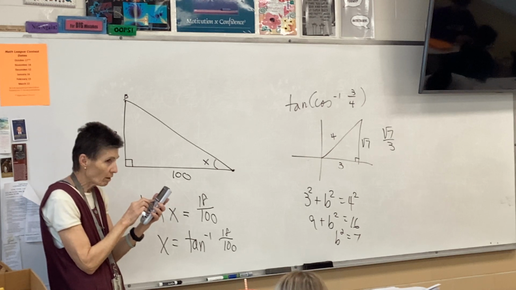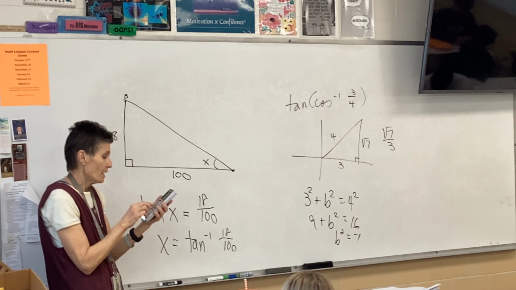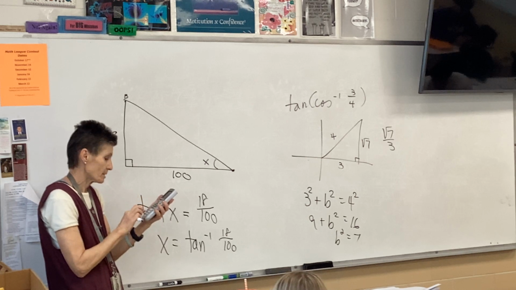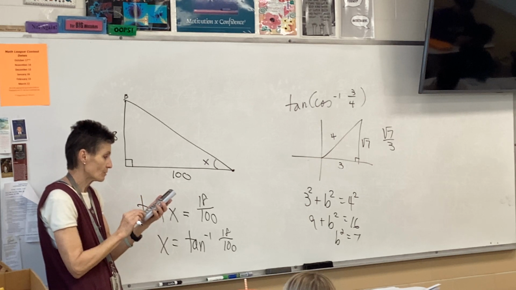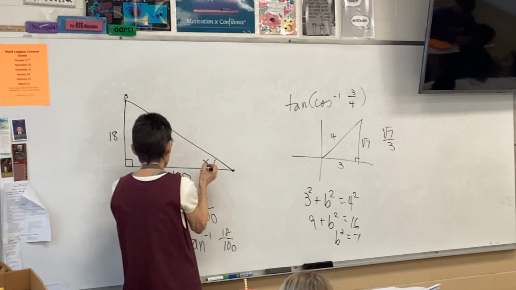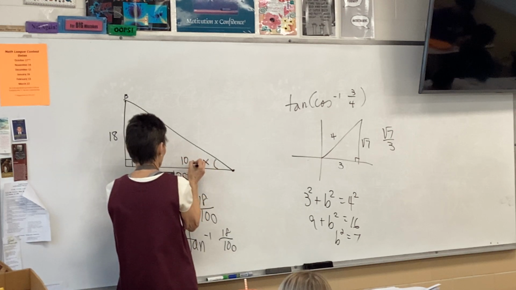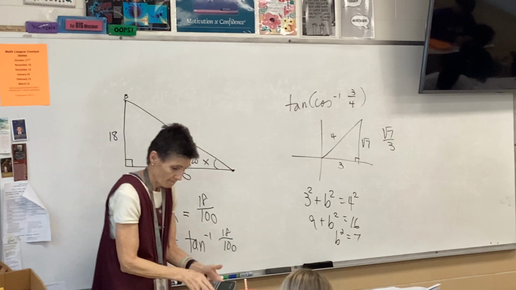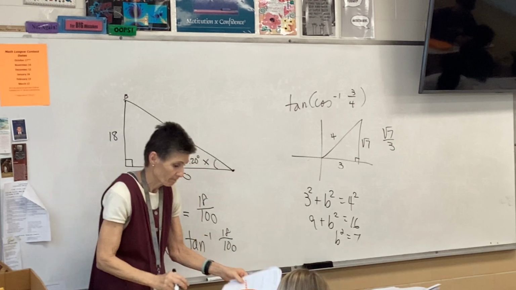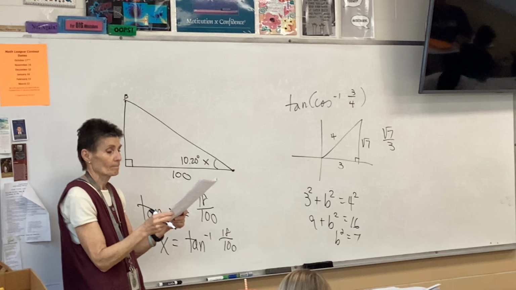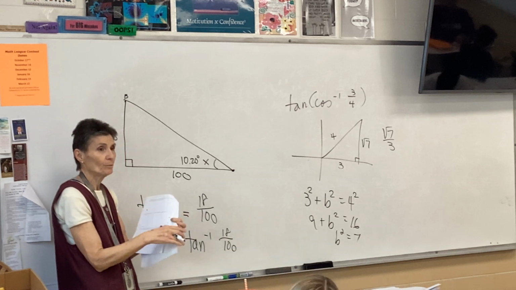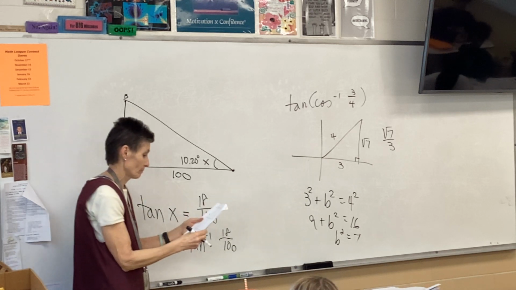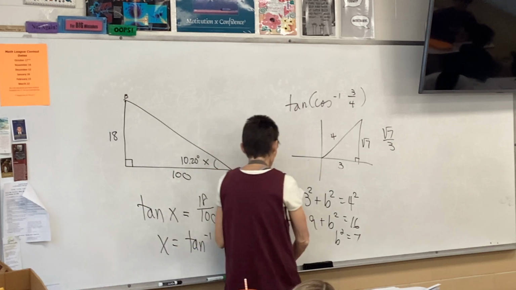You probably are, but just in case. And then second tangent, 18 divided by 100. I got 10.20 degrees. Did you? All right, B.